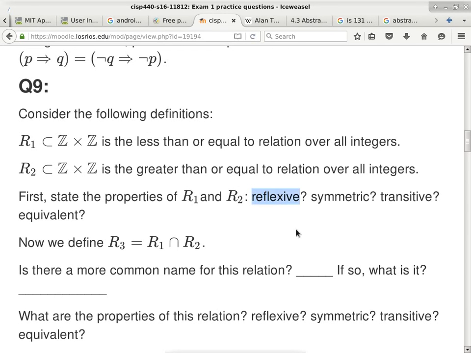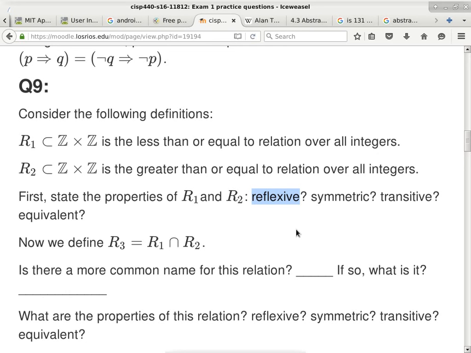Are they reflexive? In other words, (a, a) exists in both R1 and R2. It is true. Yeah, so it is reflexive. It's always the case. Pick any number in Z, which are our natural numbers.